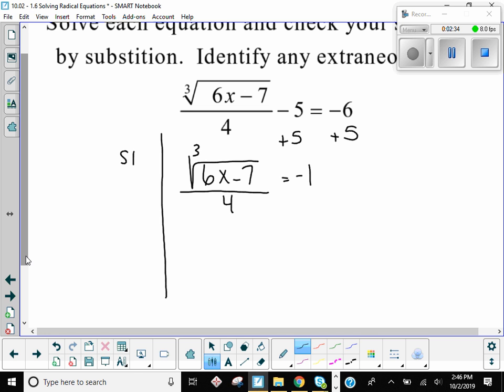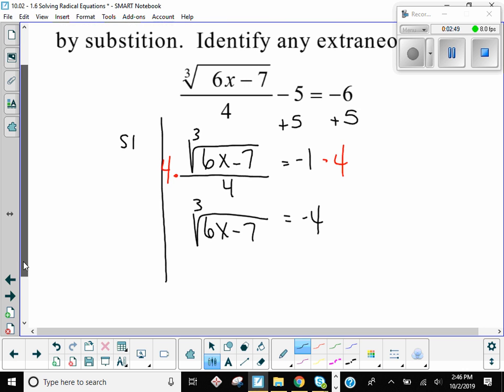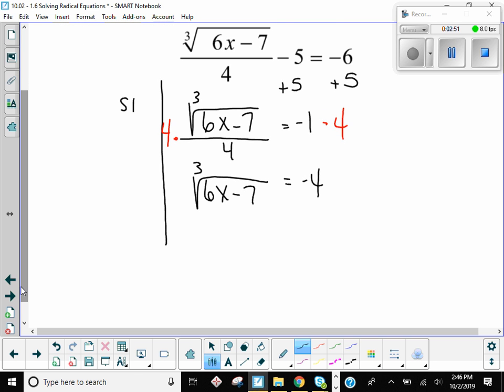Times 4. And now I have the cube root of 6x minus 7 equals negative 4. And now the radical is isolated, right? It's all by itself, the radical part.